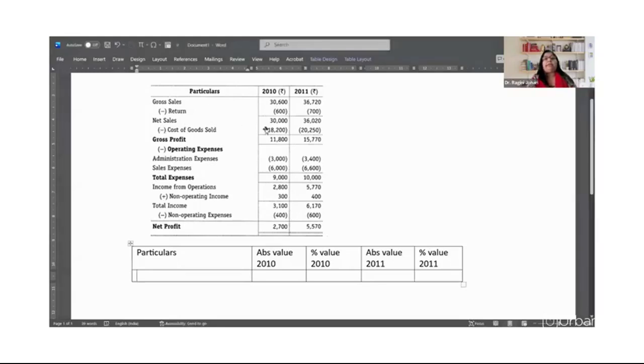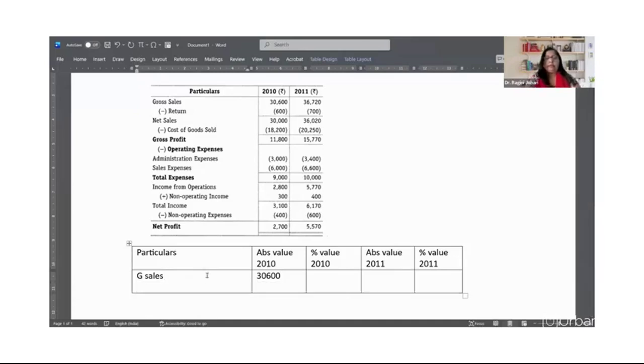Here we have net sales, so this becomes my 100% value. We have gross sales first. For 2010, this is 30,600, minus returns, that is 600.